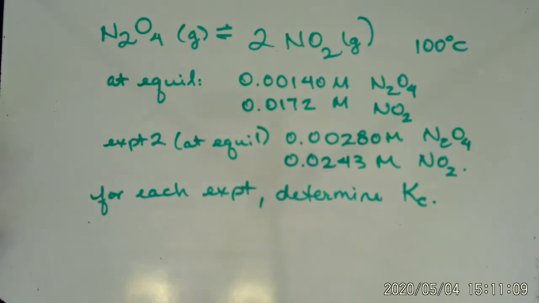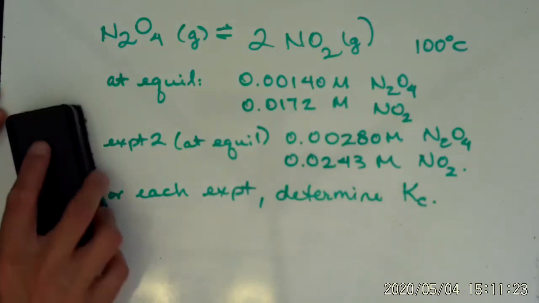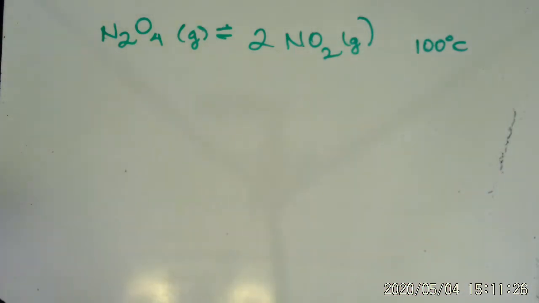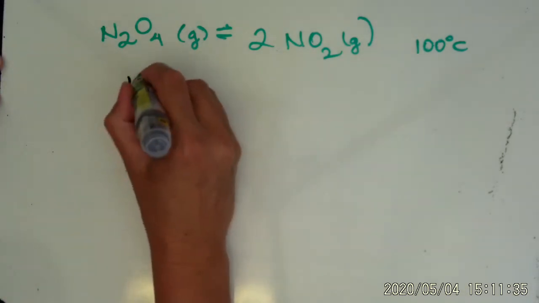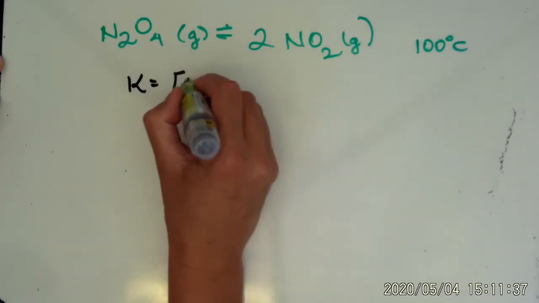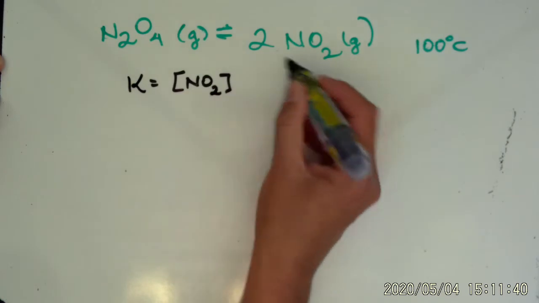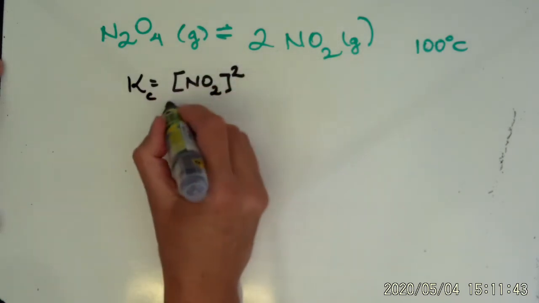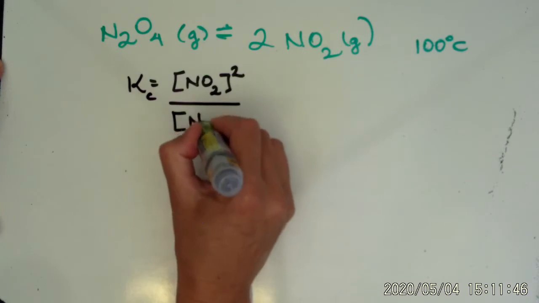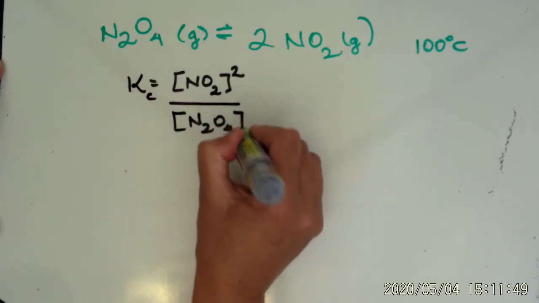So if we do this, let's take a look at our expression. Whenever we do equilibrium reactions, remember our equilibrium expression is going to depend upon my reaction. Now that you have your values, we know that K is equal to products over reactants.